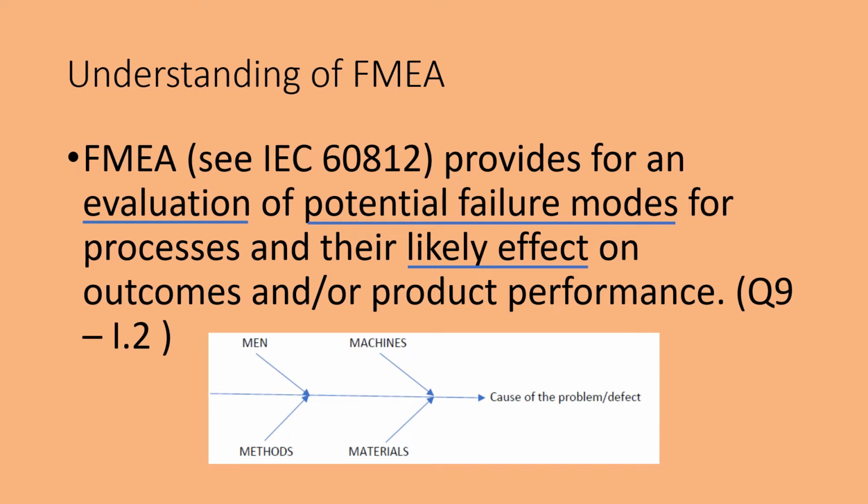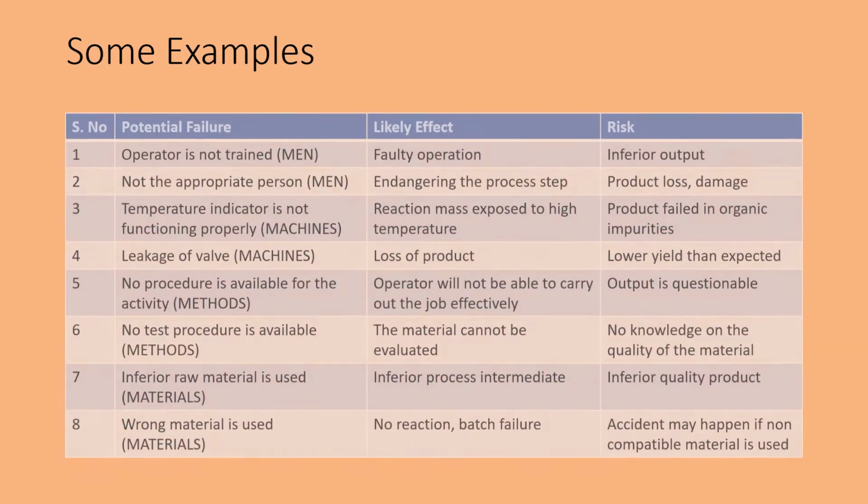So you should focus on all minute aspects of failure modes in this fishbone for analysis in a scientific and comprehensive way, focusing on all the M's described in the fishbone. Let us see some examples of FMEA.